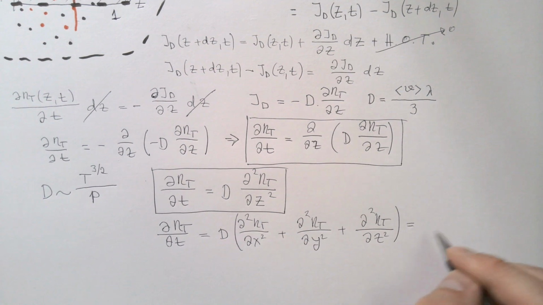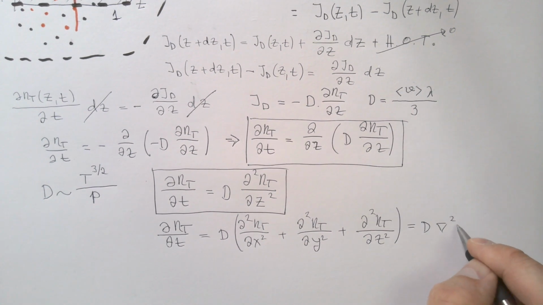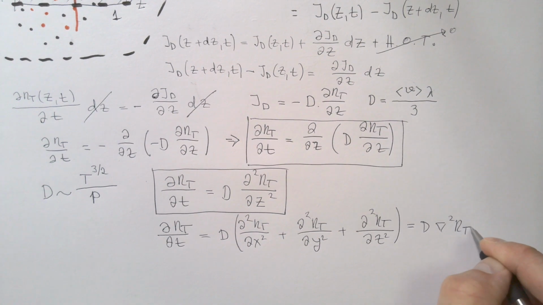Or we could write this as d nabla squared, Laplacian of nt. This, what we just derived, is the second Fick's law. What it tells us is how diffusion changes with time if the fluxes of particles are changing with time.